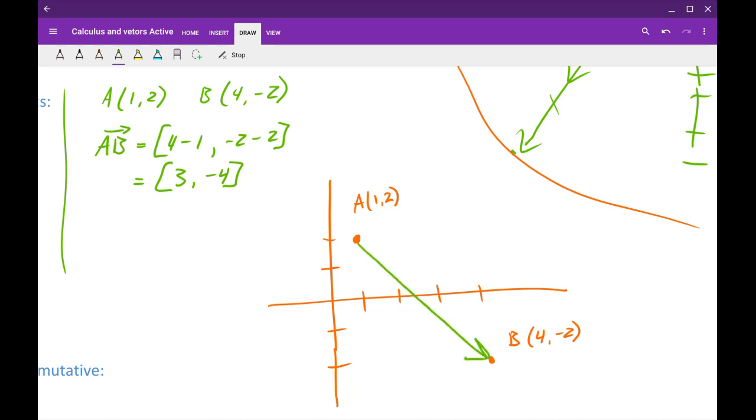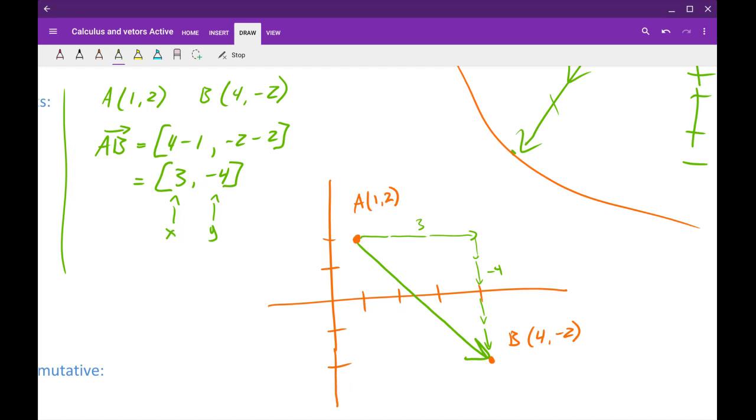So what does this basically mean? This means vector AB tells you to go 3 in the x direction and 4 in the negative y direction. So 1, 2, there's our 3 in the x direction, and then 1, 2, 3, 4. So it's [3, -4].